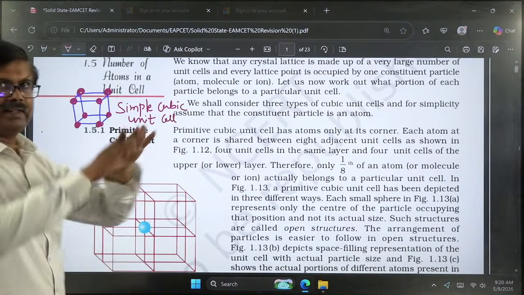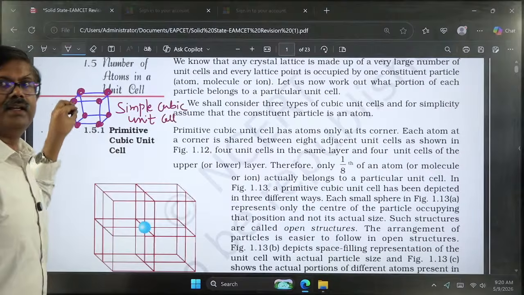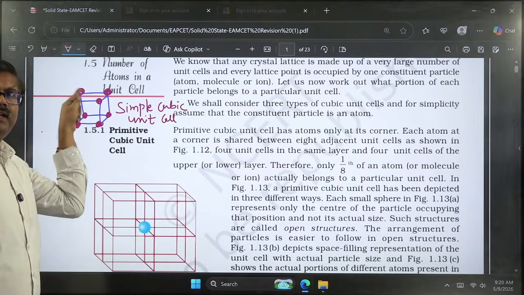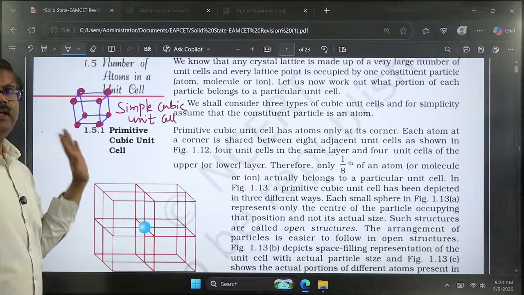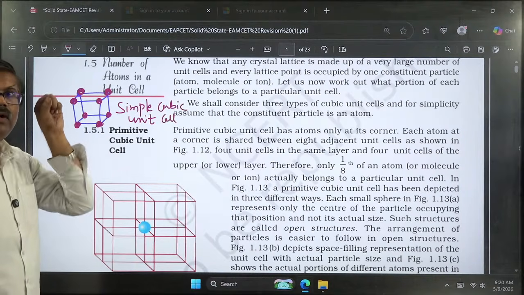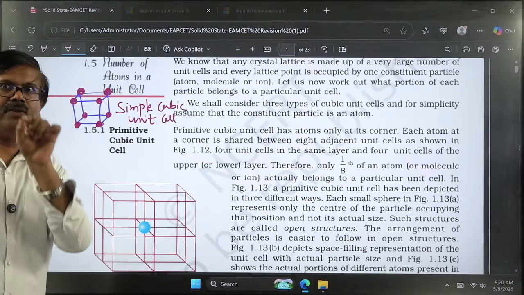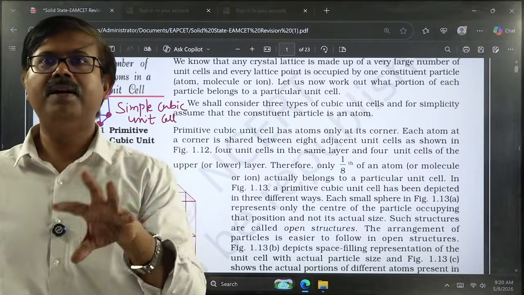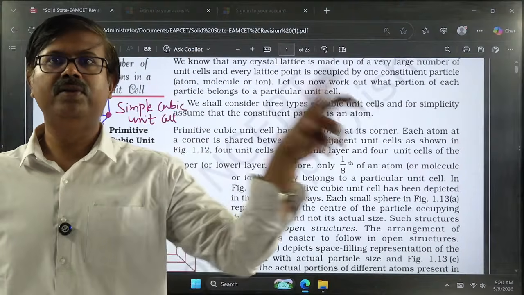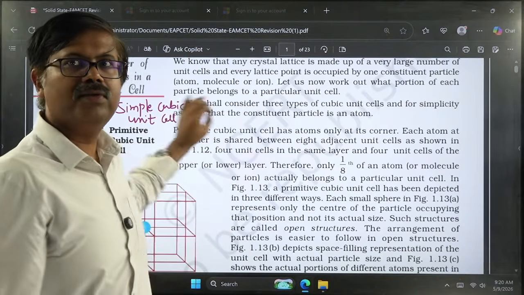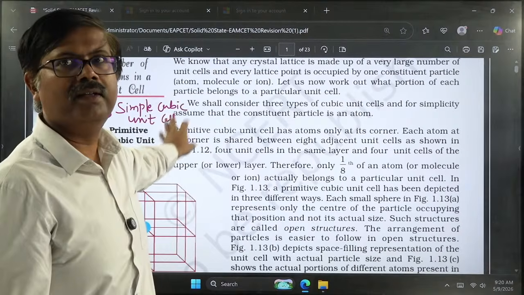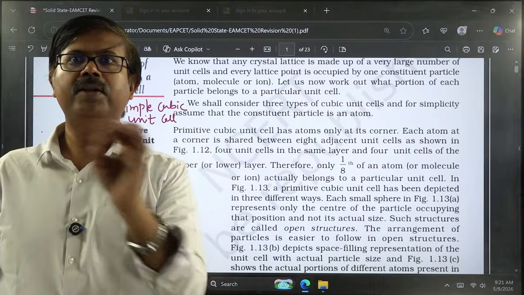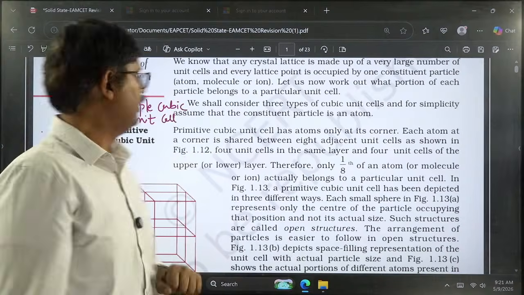So in the smallest repetitive unit of the solid crystal lattice, there will be 8 corner atoms, plus the center of the cube also has an atom. Such a unit cell is called a body centered cubic unit cell. If there is no atom at the center of the body, only corners, it is a simple or primitive cubic unit cell.